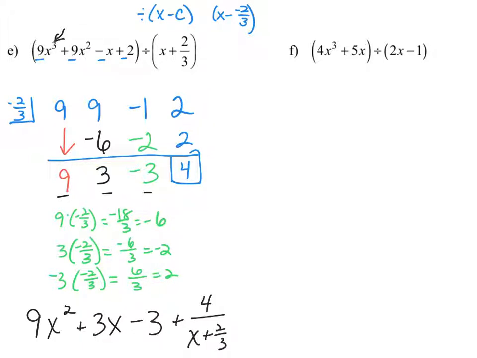So we're using the numbers below the line as our coefficients. We have 9, we have 3, we have negative 3, and then our remainder is 4. So our answer is 9x squared plus 3x minus 3 plus 4 divided by x plus 2/3.